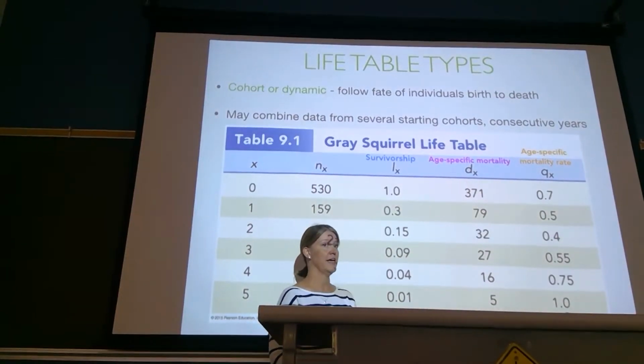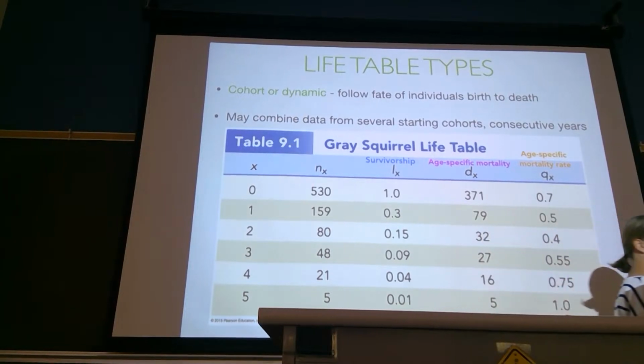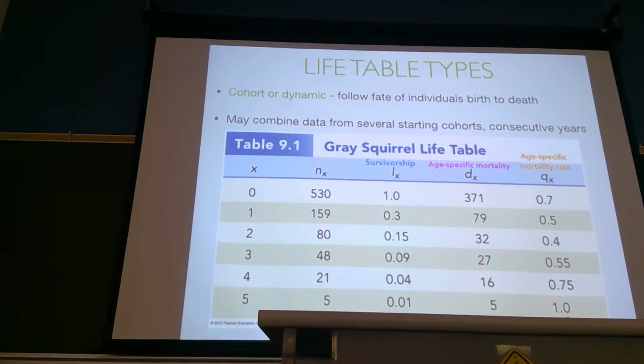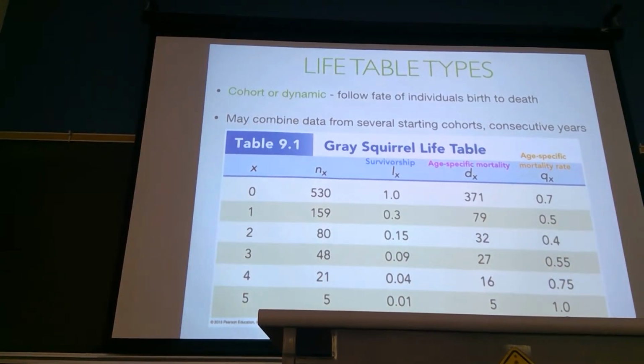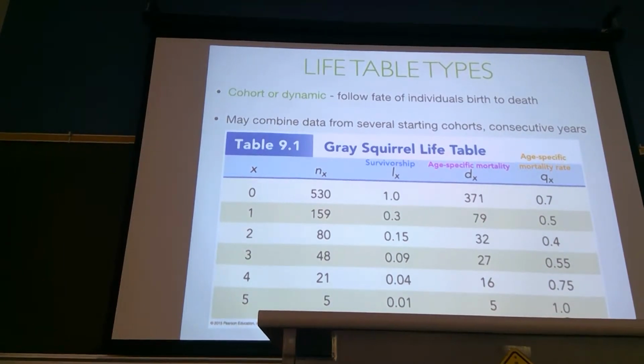That's LX. LX is your survivorship. How many are alive at the start of that time period compared to how many we started with originally? So for year 0, that's 100%. We started with 530. There were 530 at the beginning of year 0.